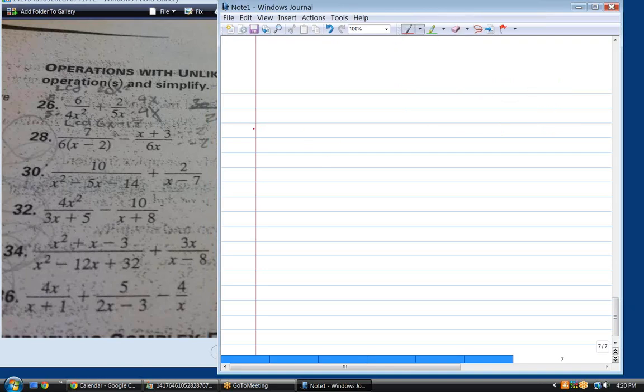So, our common denominator is going to be X minus 8. What's the other factor? What the heck am I doing here? Oh, yeah, no, we're all right. We're on 34, yeah. And X plus 4.